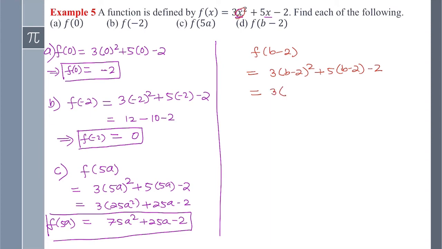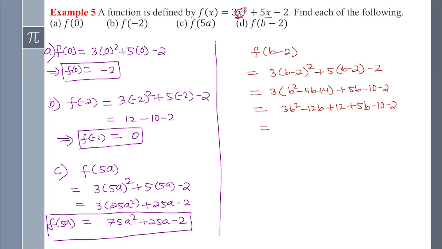I'm going to write it here. So b squared minus 4b plus 4, and then distribute that 5 here, so you get 5b minus 10 minus 2. Now let's distribute that 3, so we get 3b squared minus 12b plus 3 times 4 is 12, plus 5b minus 10 minus 2.